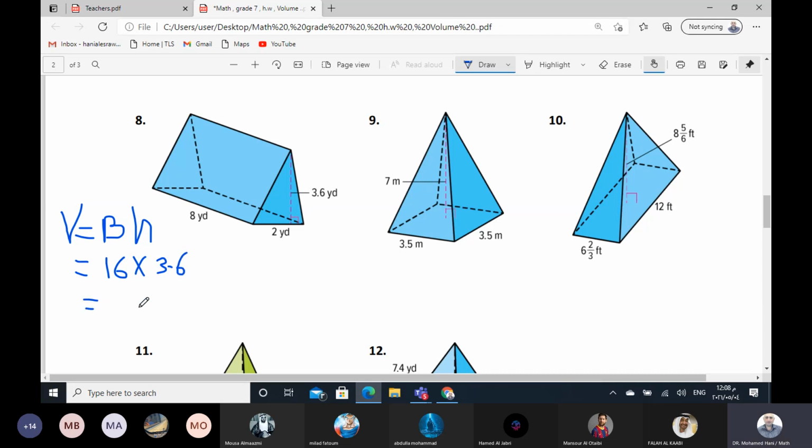Now we can calculate. We have 16 times 3.6, so the answer will be 57.6 yard cubic.